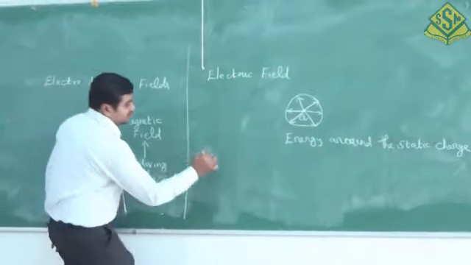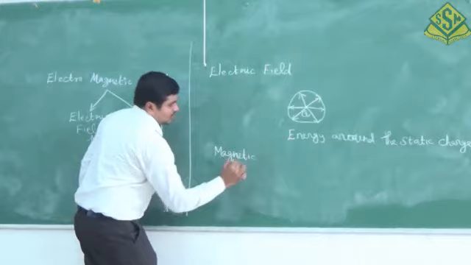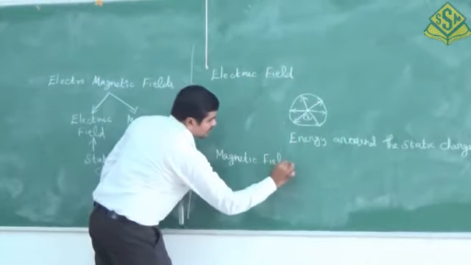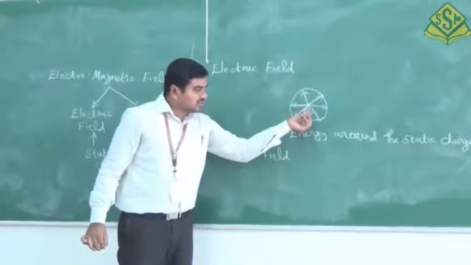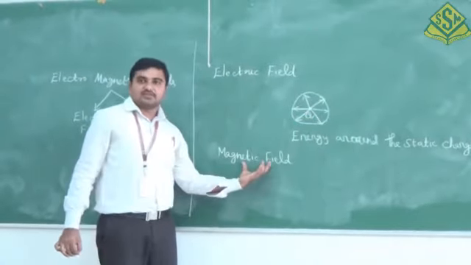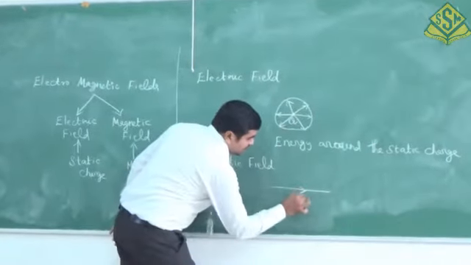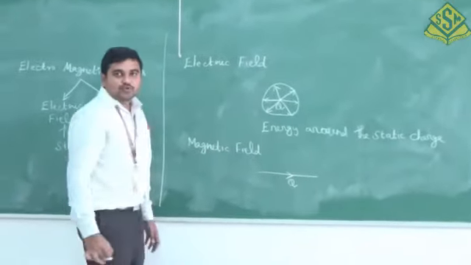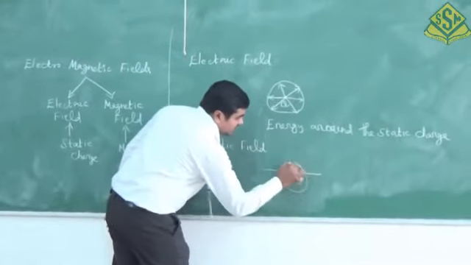Next one is magnetic field. So here electric field is due to static charge. In this magnetic field, it is due to moving charge. So when we have a moving charge here, this moving charge produces circular magnetic flux lines.